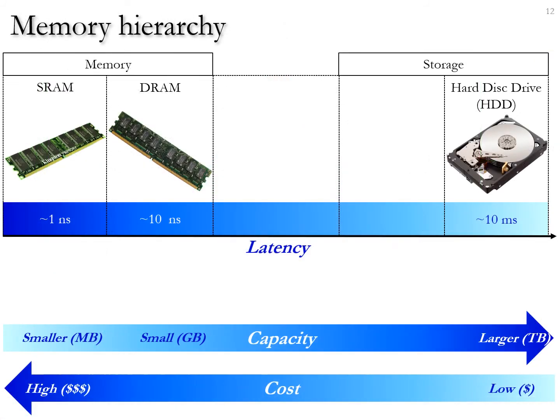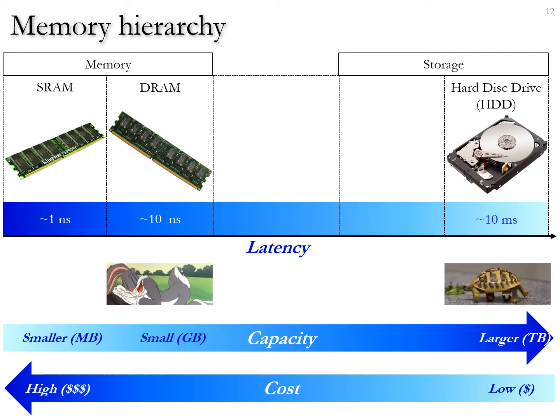Now, in the traditional computer, where the hard disk drive is used as the only storage facility, there will be almost 6 orders of magnitude difference between the write latency of the memories and the storage facility. So the memories have to wait very long to receive the information from the storage devices.